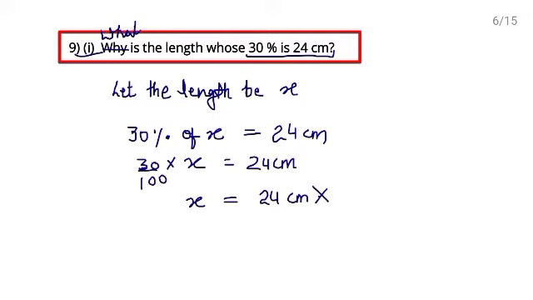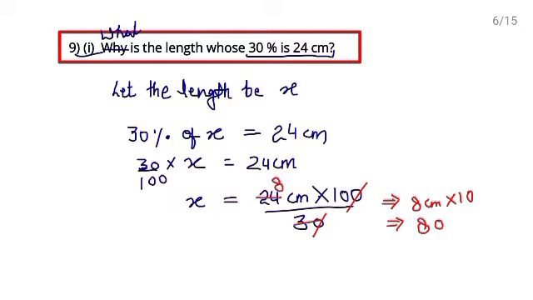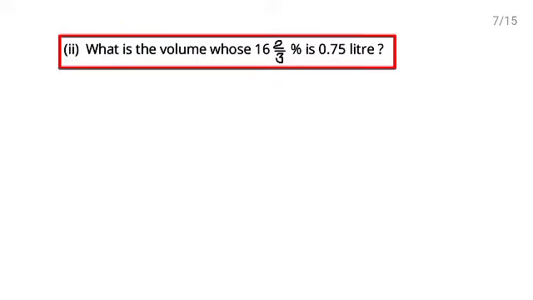So now this will be in multiplication and 30 will be in denominator. 0 to 0 cancel out. 3 eights are 24. So here you are getting 8 centimeter multiplied 10, which is equals to 80 centimeter. This is your answer.